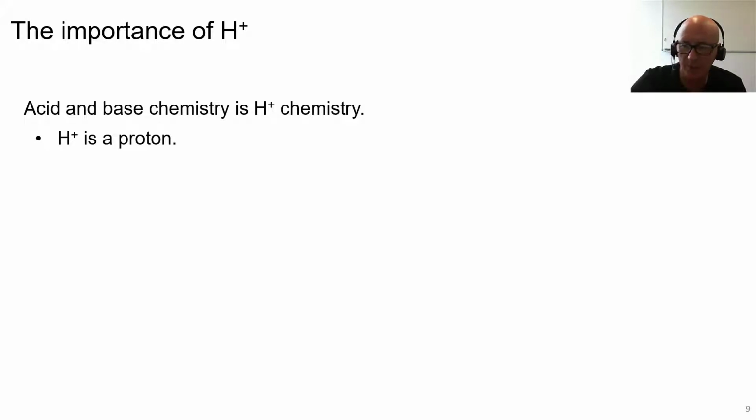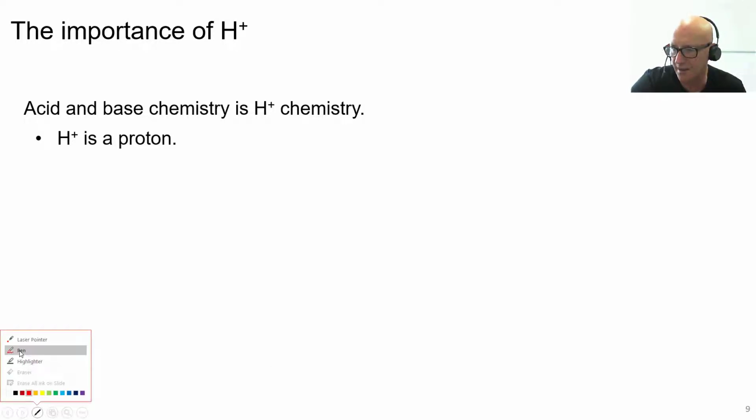If you look at the periodic table, you'll see that hydrogen, atomic number 1, has 1 proton and 1 electron. So the fact that we're thinking about H plus means that the hydrogen has lost its electron and the only thing left is a proton. So H plus is a proton. That's the way it is.